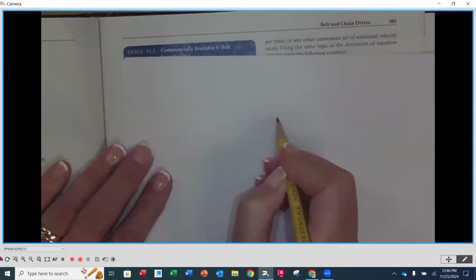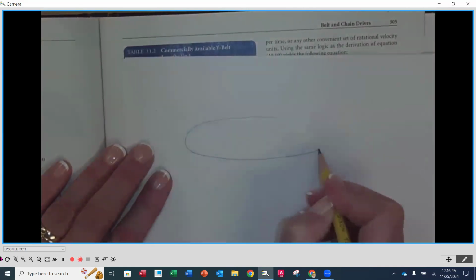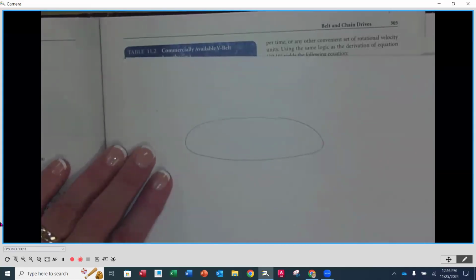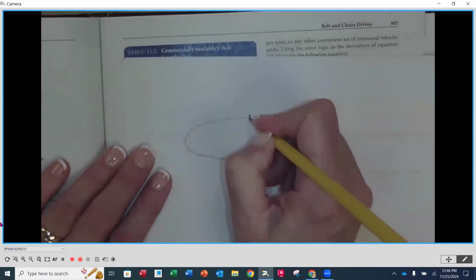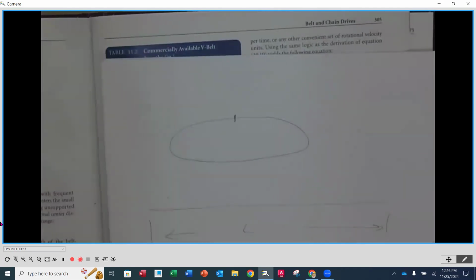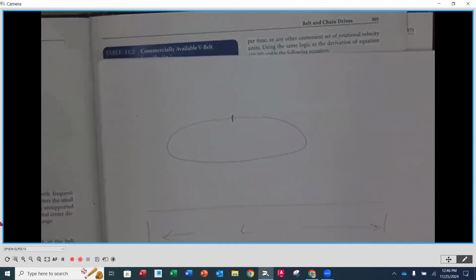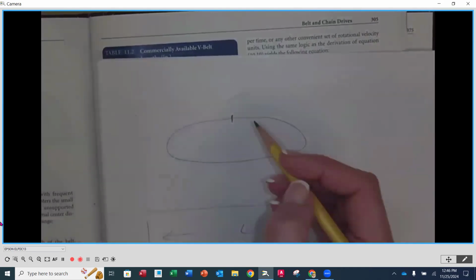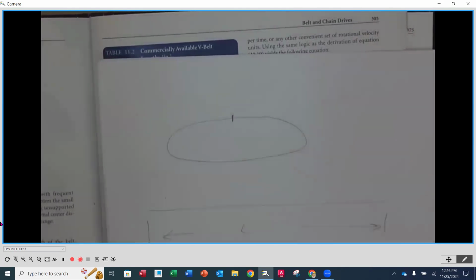So for instance, it's going to simply be an oval shape like that. And the length of the V-belt is if I would cut this at some point and lay it out flat, that would be the length of my belt. Does that make sense, everybody? Although we're not going to do that because it's a continuous belt and we want it to go over our sheaves, but it's really the circumference, if you would, going all the way around. That's going to be the length of the belt.